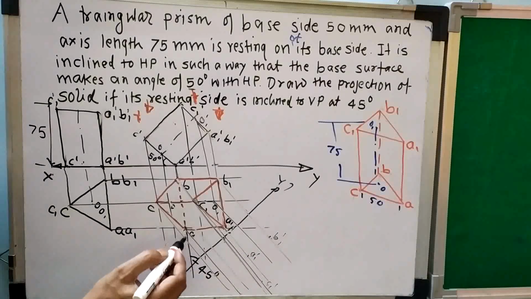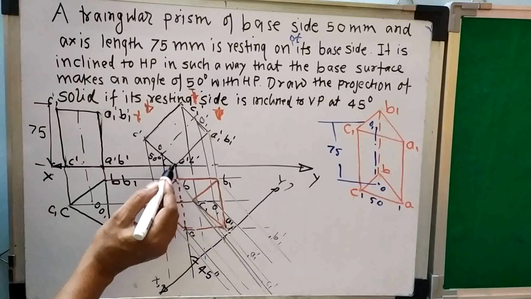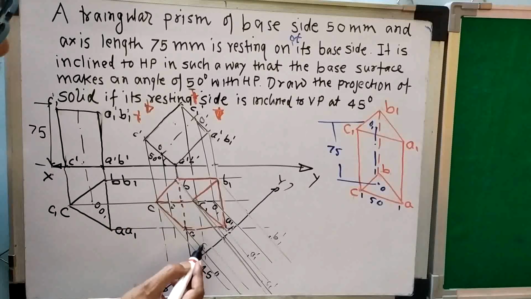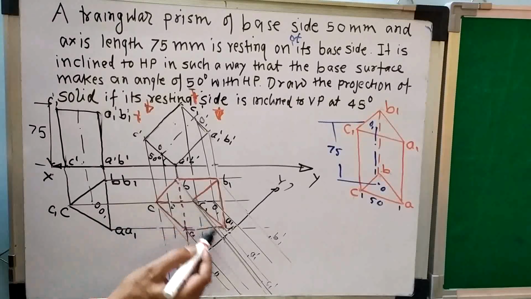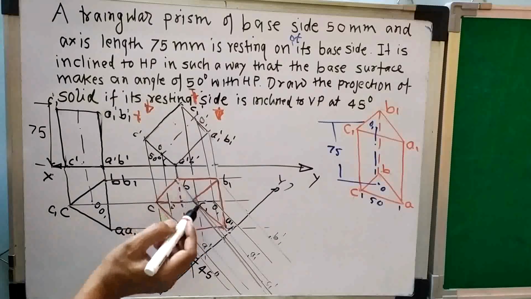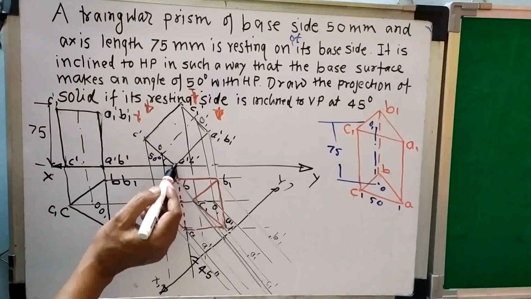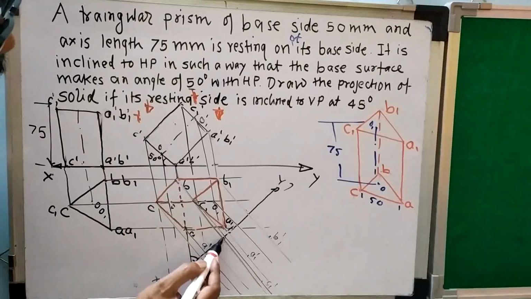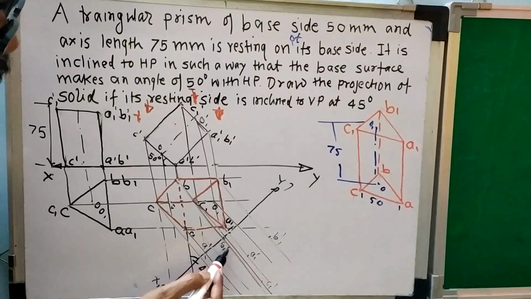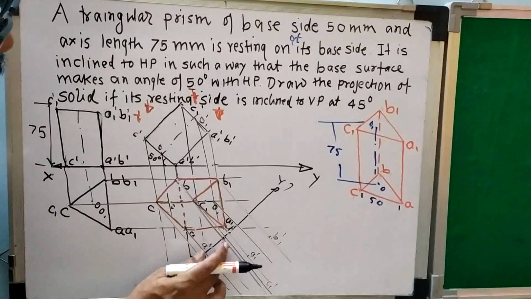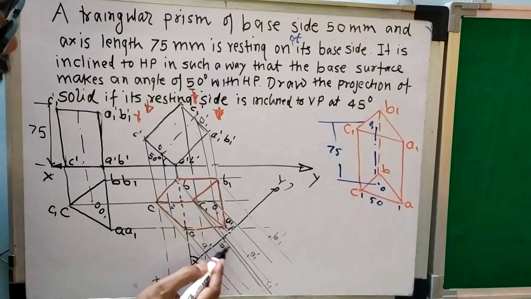Now let's do A B C. So A is on XY, so it will be all on XY. So this is A dash. This is B, projector of B. So B is here on XY, so on the projector of B I will cut here. So this is B dash.